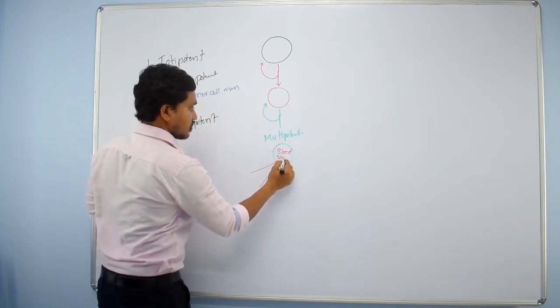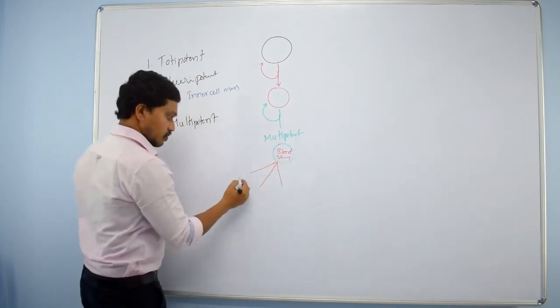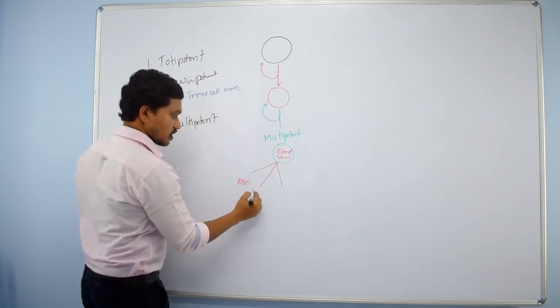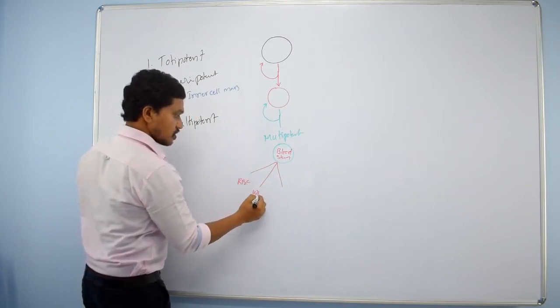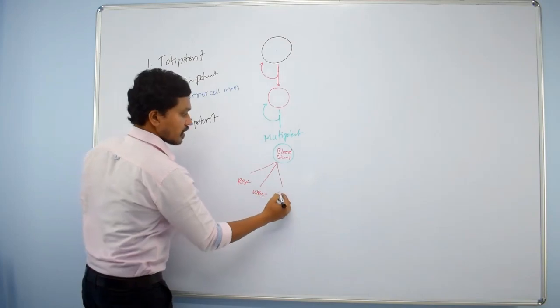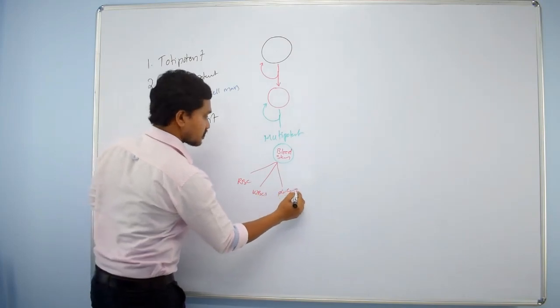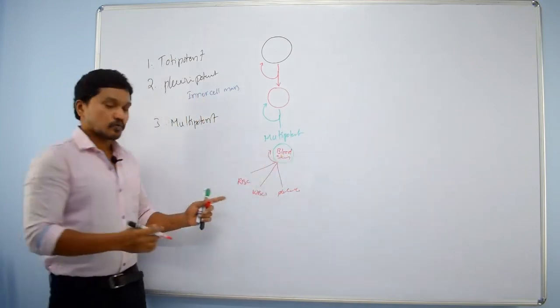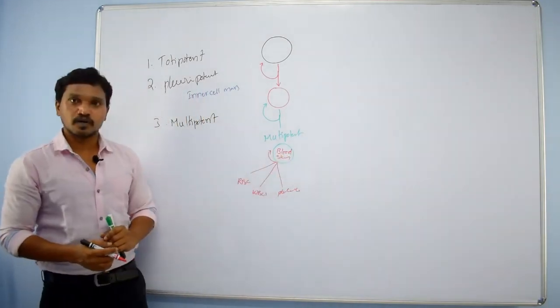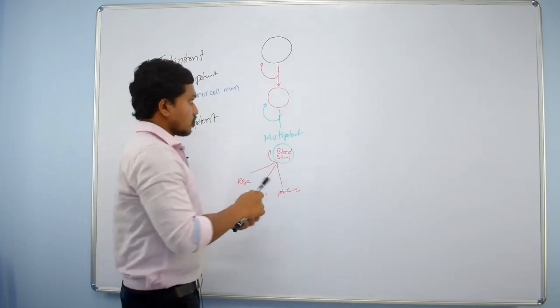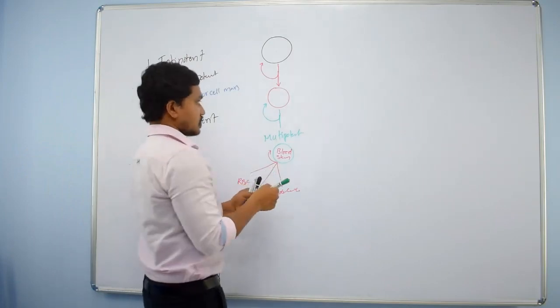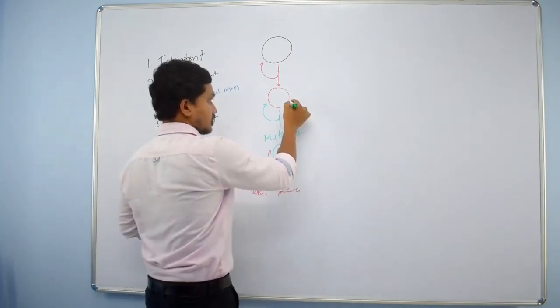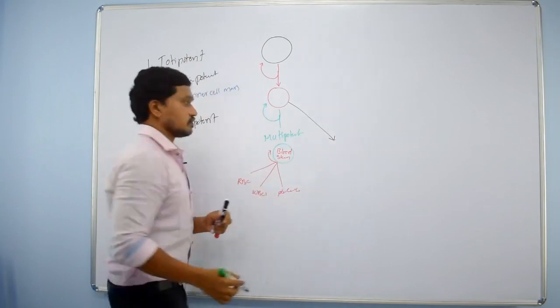It can produce RBCs, WBCs and platelets. And of course they can produce stem cells also.